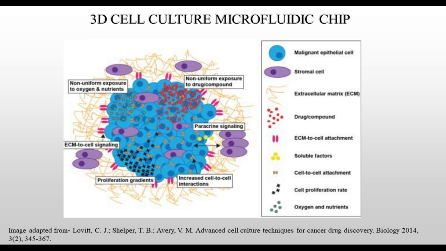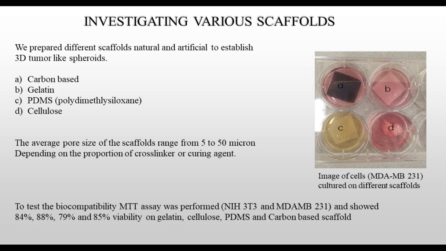There is a difference in proliferation gradient along with altered cell signaling. Also, exposure to drug is limited because most of the cells are on the surface, and the cells at the core of the tumor do not get exposed to the drug molecules. But technically, this is what is in real condition, right? So how do we develop tumor models in continuous flow systems?